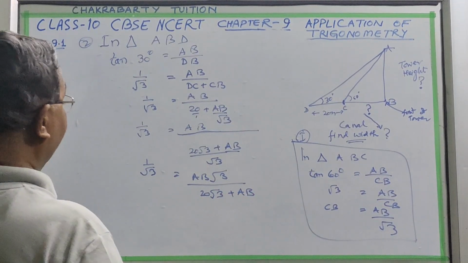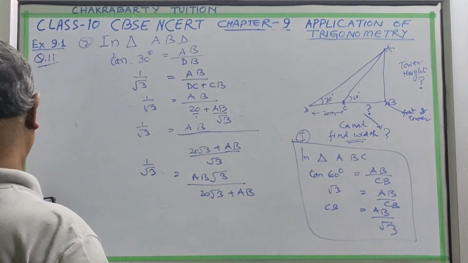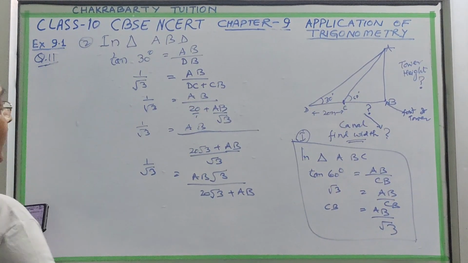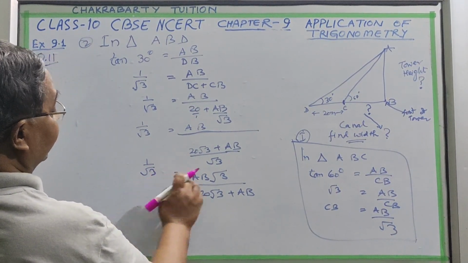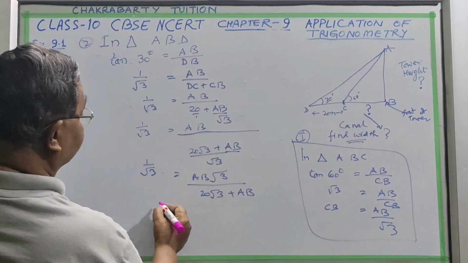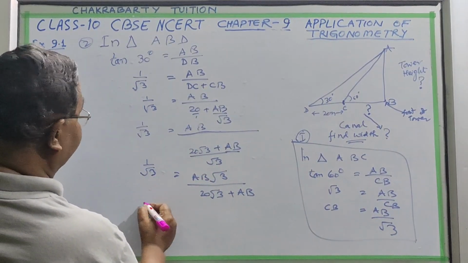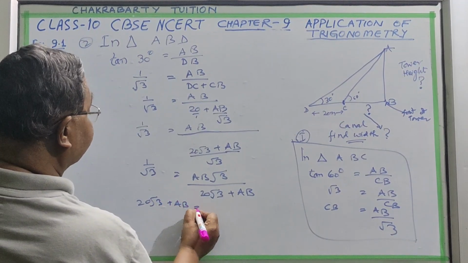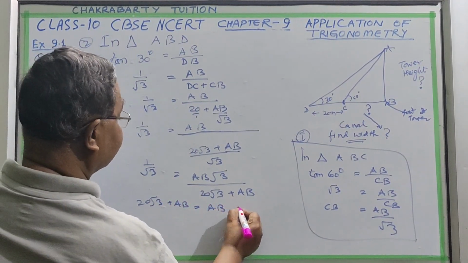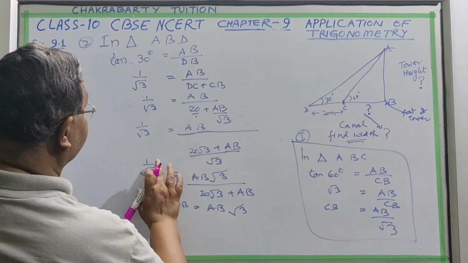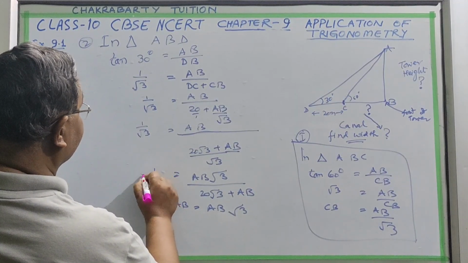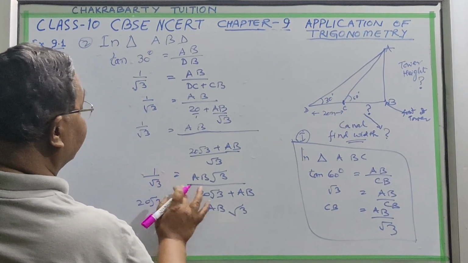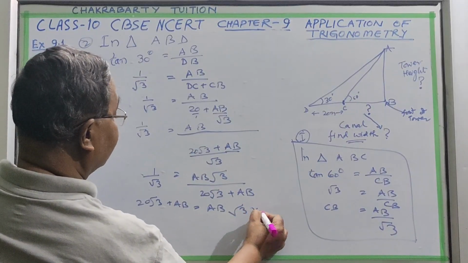Now this is a divide side. It can go to this side in multiply position. So 20 under root 3 plus AB is equal to AB times under root 3, and this fraction 1 by under root 3 we are taking to this side into under root 3.